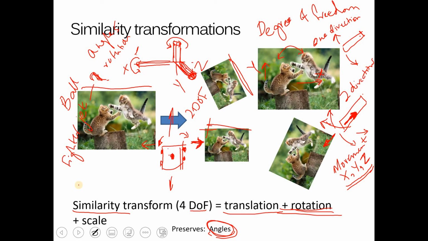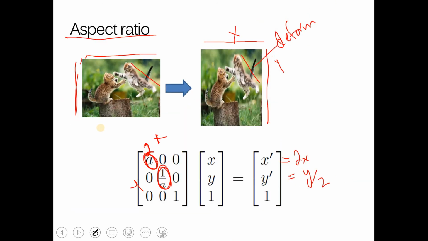That was the reason I wanted to explain it later. Similarity transform preserves angle. Angle means that the object, for example, over here has an angle with the cat, or a cat has another angle with another cat. It is in a particular ratio with another cat. That angle is disturbed.